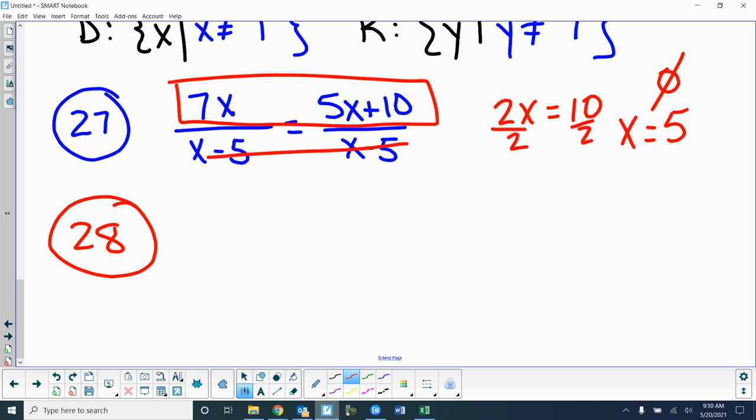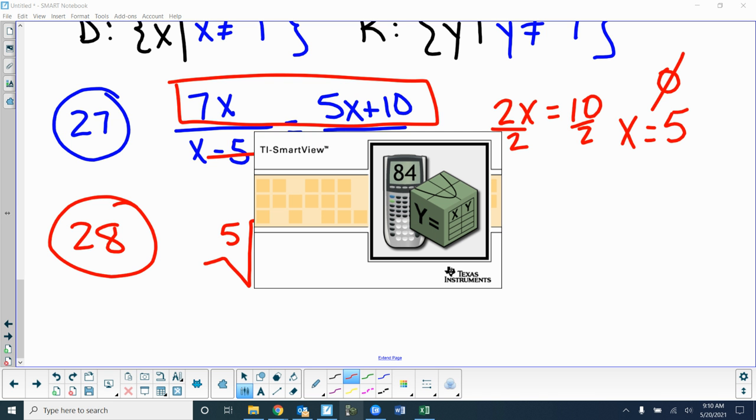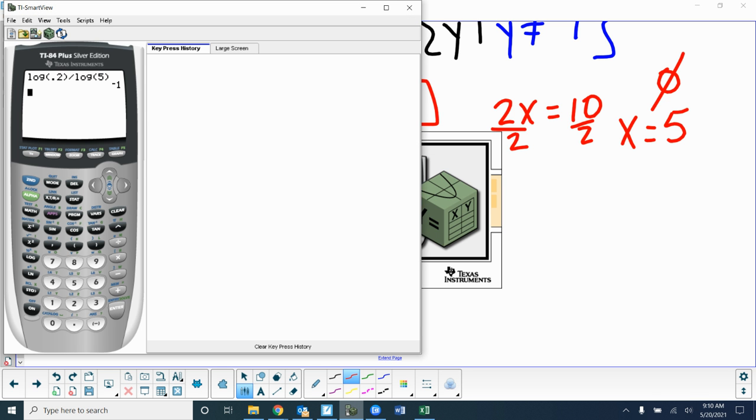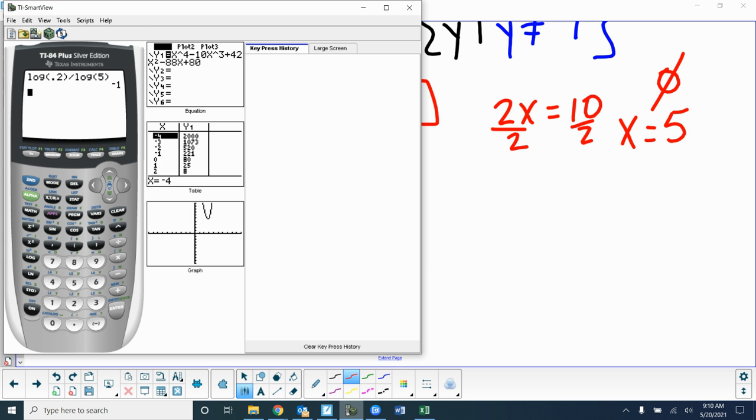All right, 28. We have the 5th root of 243 z to the 10th. Okay? This says simplify that. So, how do we do fifth root in our calculator? You guys remember? Know where that is?